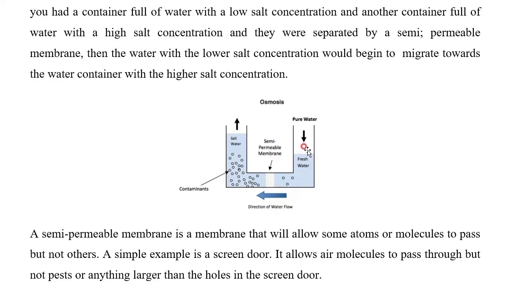The water from the fresh water, having low saline content, tries to move through this membrane to this solution. So you can see the water level has increased here. This is called the process of osmosis.